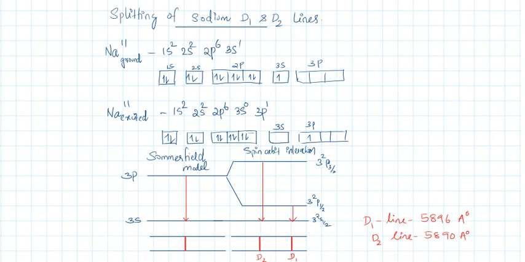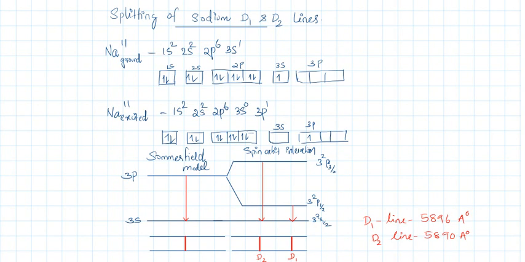So the diagram will be like this: 3s is vacant, 3p is filled by 1 electron. Now, according to the Sommerfeld atom model, when this electron jumps back from 3p to 3s, you will get a single line. That is known as the sodium D line.